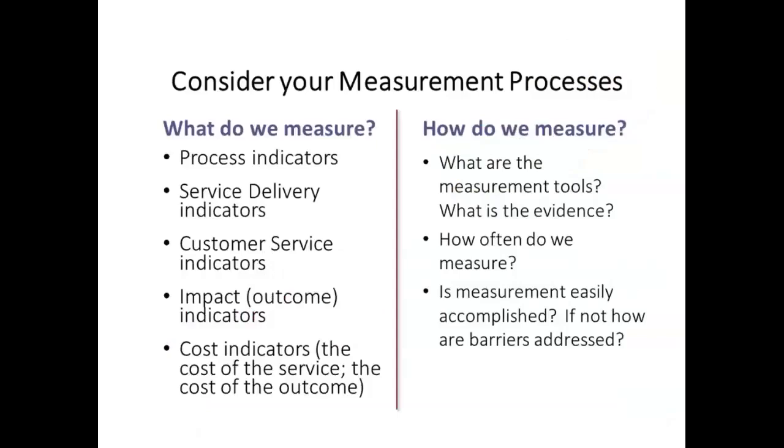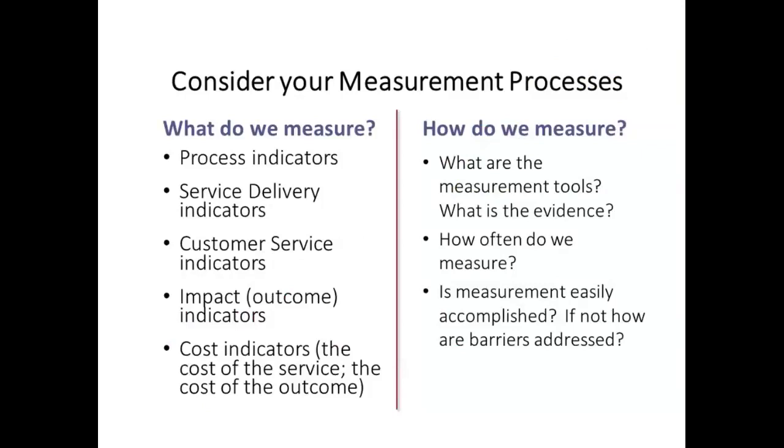So consider your measurement processes. As we talk through this, think about how you do this in your organization. What do we measure and then how do we measure it? Ideally, we're measuring several types of indicators. We might be measuring process indicators, and those provide evidence of whether the program unfolded according to plan.